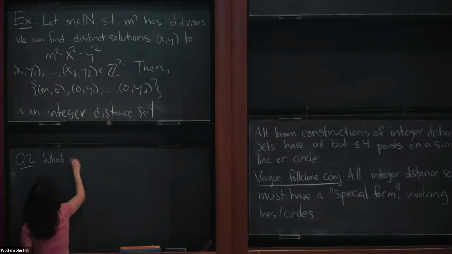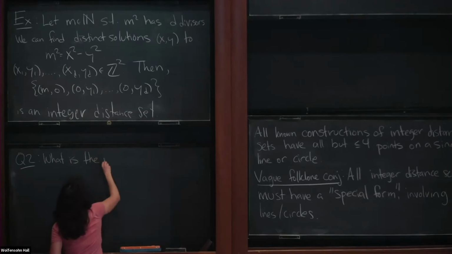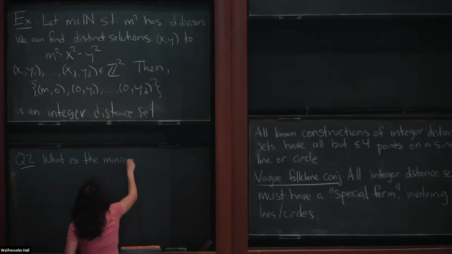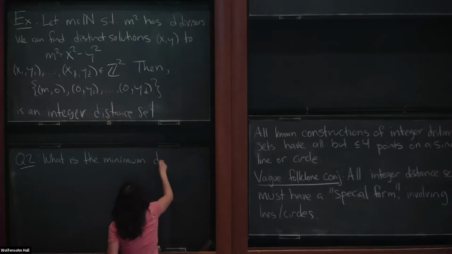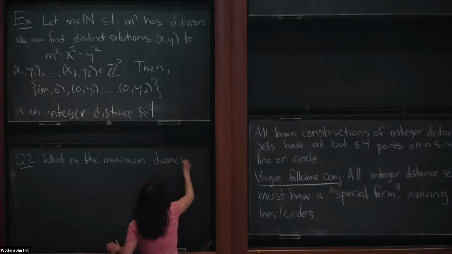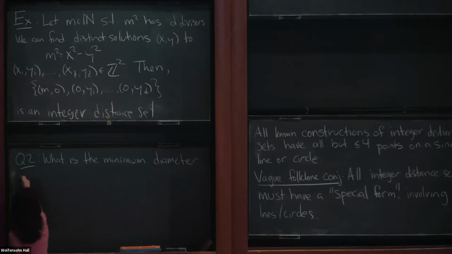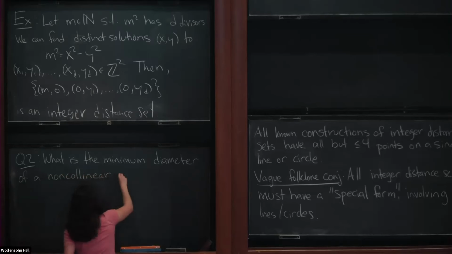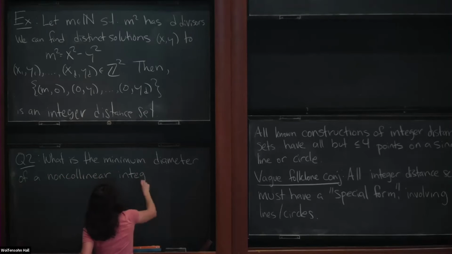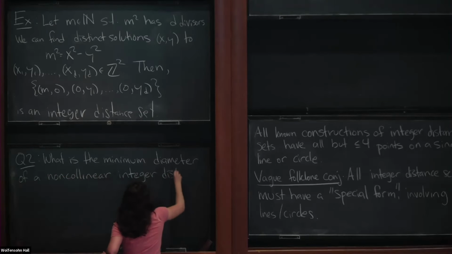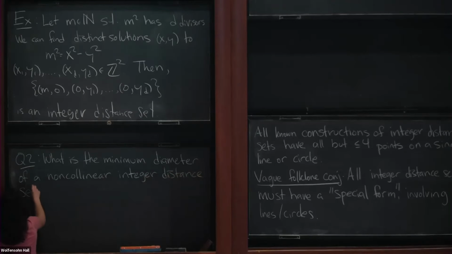What is the minimum diameter of a non-collinear integer distance set of size little n?